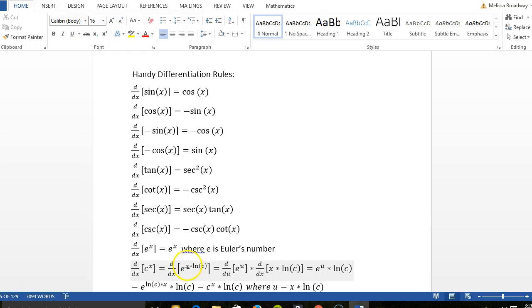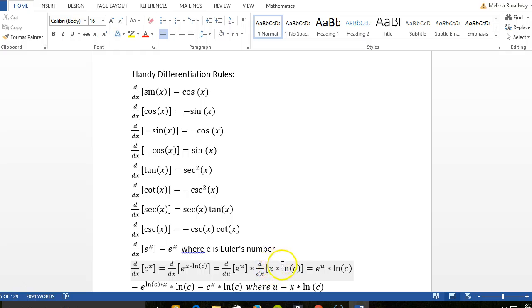If we let u equal x times ln c, then by the chain rule we get d by du of e to the u times d by dx of x ln c. Now u equals x ln c. Again, guys, this is by the chain rule. This is d by dx of my g of x, or my u.